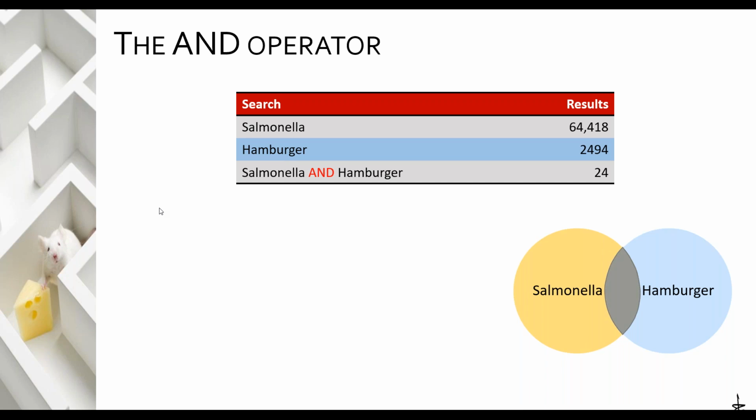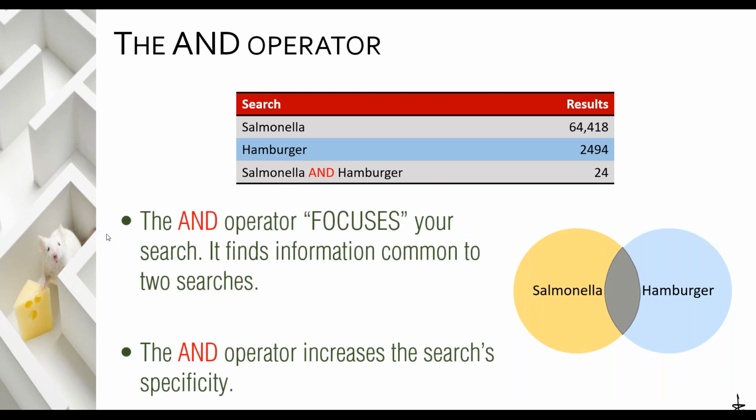Okay, so this is the different selection where I have to have both items of my search in the same study for the search engine to pick up that study. So basically it focuses your search. Instead of taking everything in both groups, it just takes what's common to two groups. Okay, so the AND operator focuses your search, the NOT operator focuses your search, the OR operator explodes your search. So that's basically how it's done.